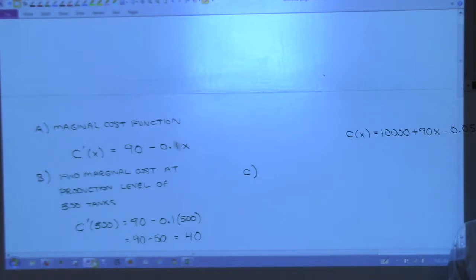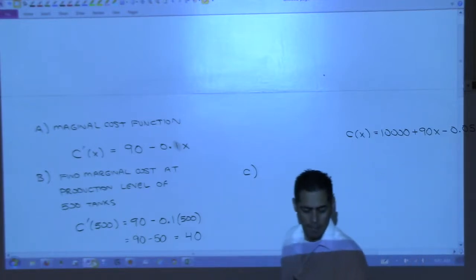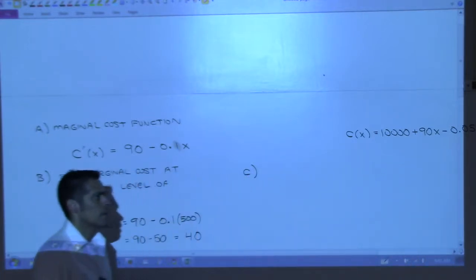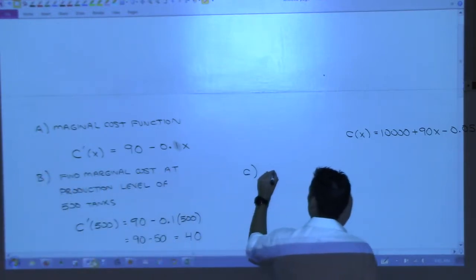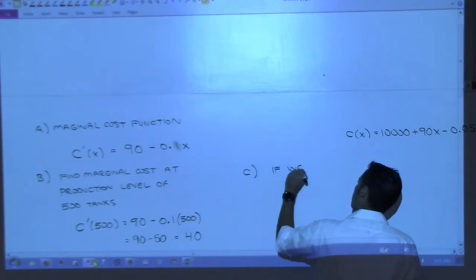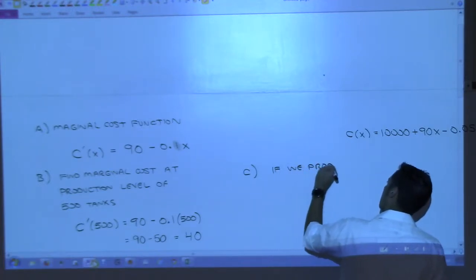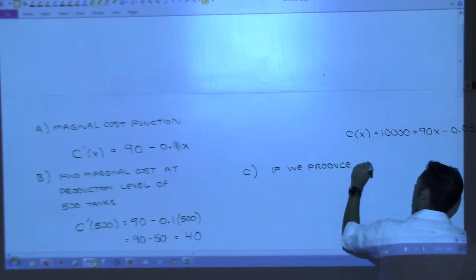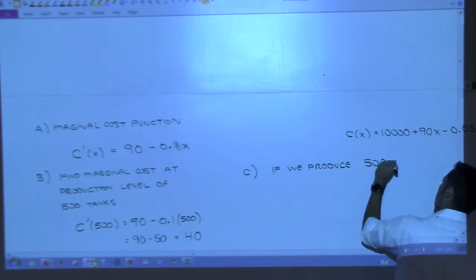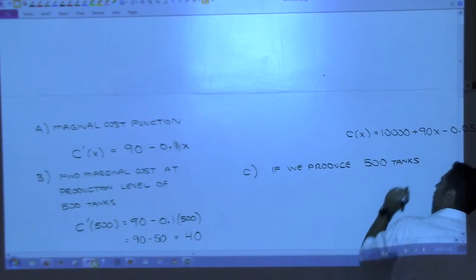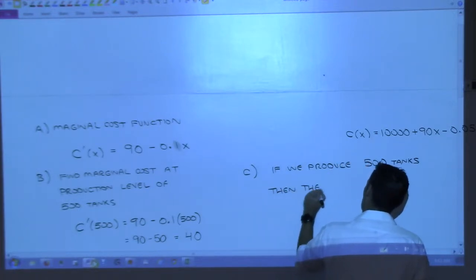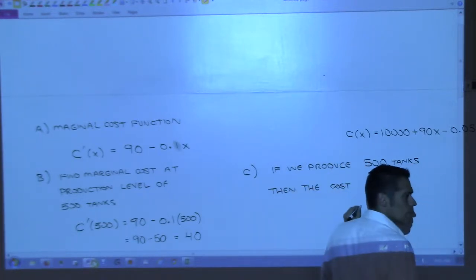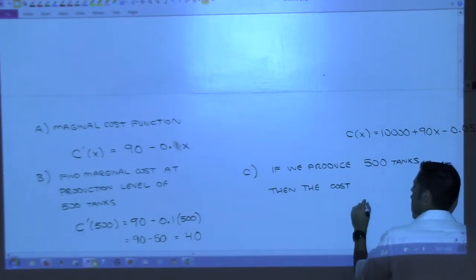When you make 500, it costs $40 per unit. Okay, so if we make 500 tanks, let me write that down. Let's see if we all agree with this. If we produce 500 tanks, then you said the cost would be $40 per unit.